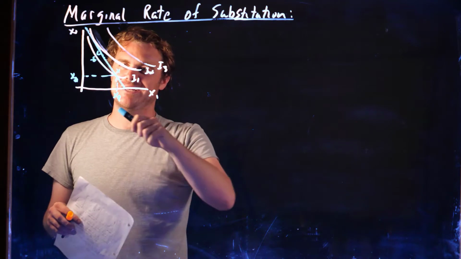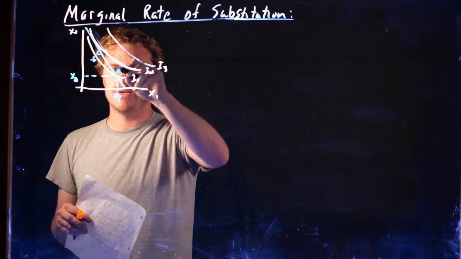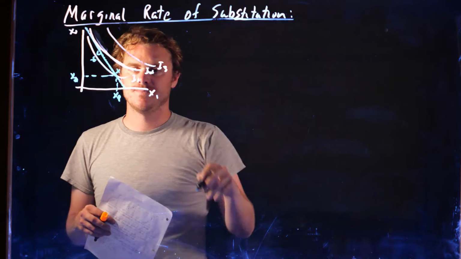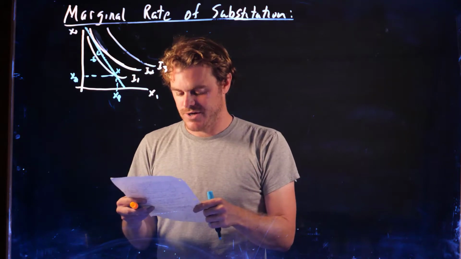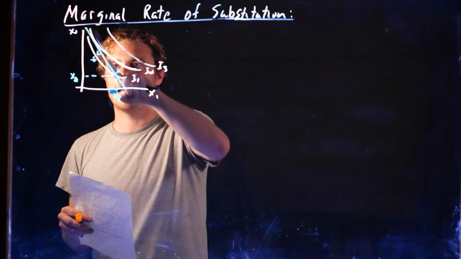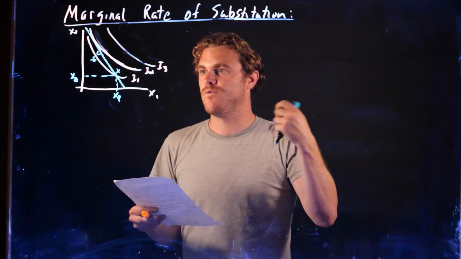So we're at this bundle X, that's what we're consuming. And now we're offering this exchange rate of E in terms of being able to exchange this good. If we start off at this point X and we move anywhere up and to the left, that means we're trading for good 2.